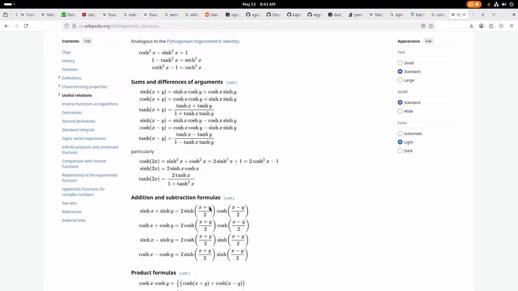but it might simplify something. 2 sinh x... Wait. Okay, so this is two cosh.